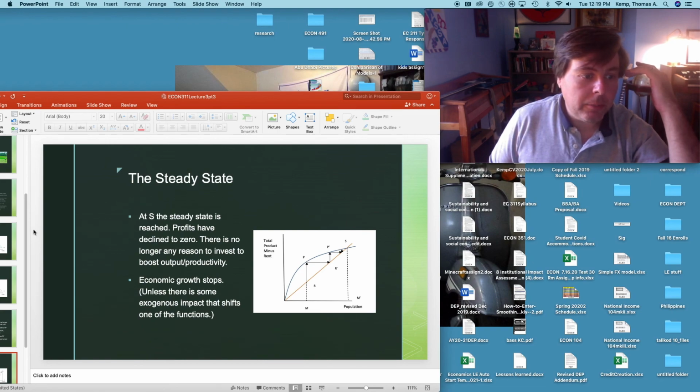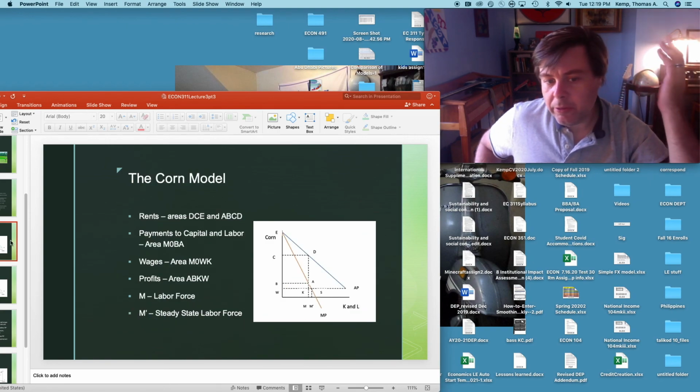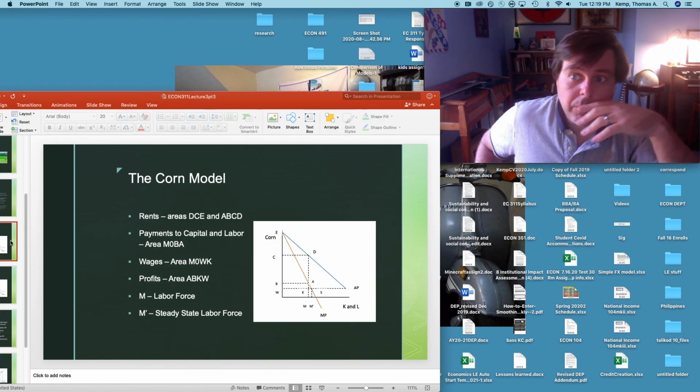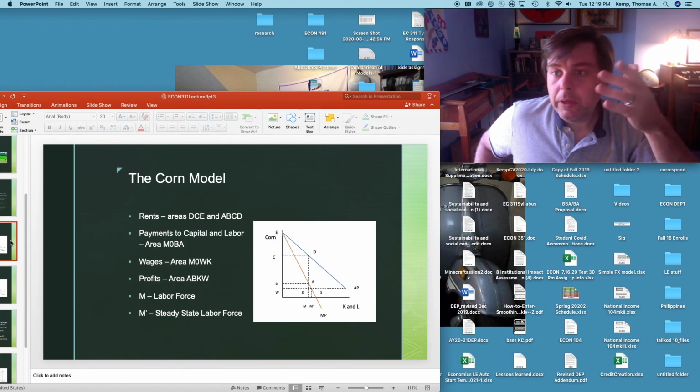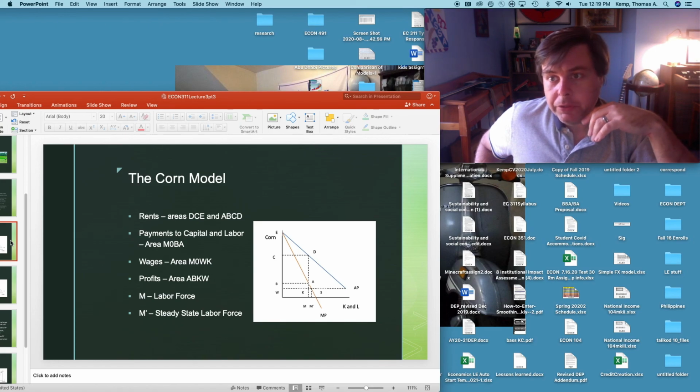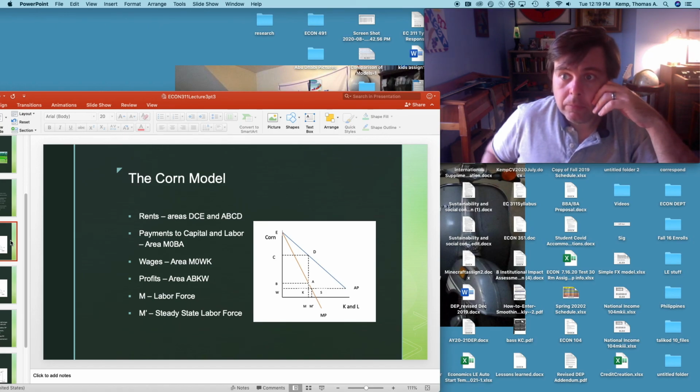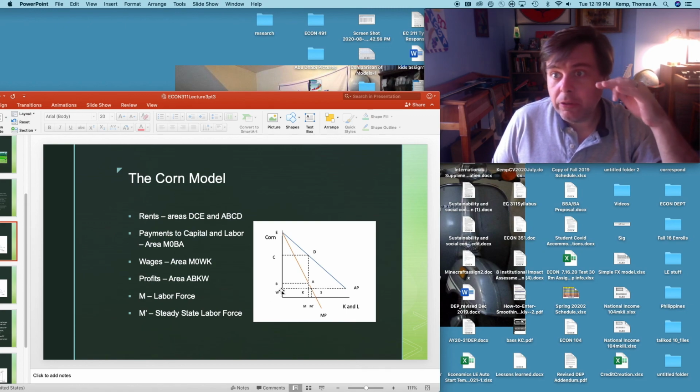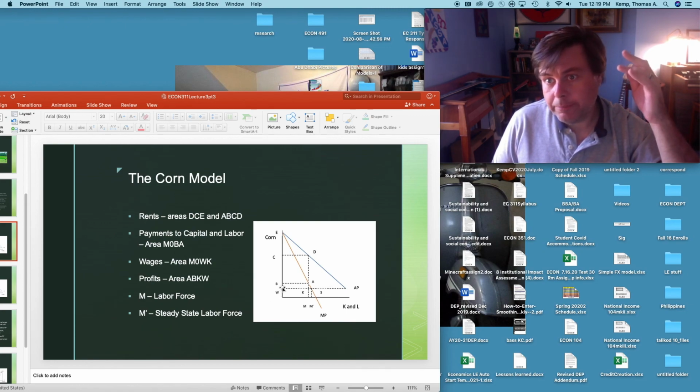Let's go back a little bit to here. Let's say that subsistence stays at price W. Well, then we reach a steady state in a certain amount of time. Call it X, right? Let's say that subsistence slowly rises over time. So W starts increasing, right? Driving this function northerly.